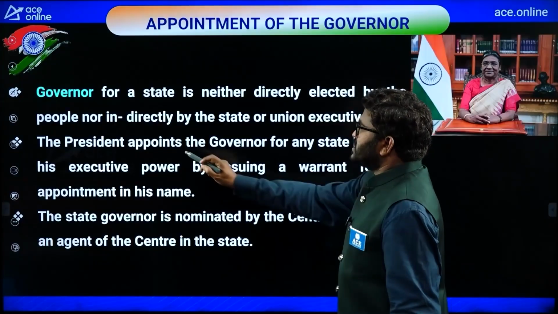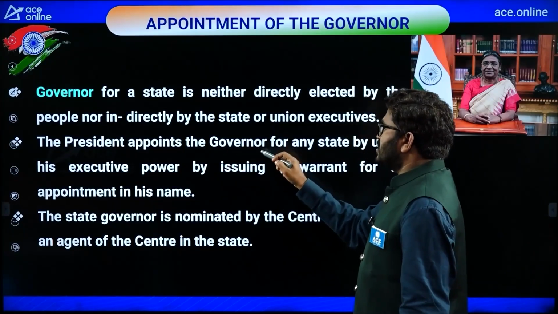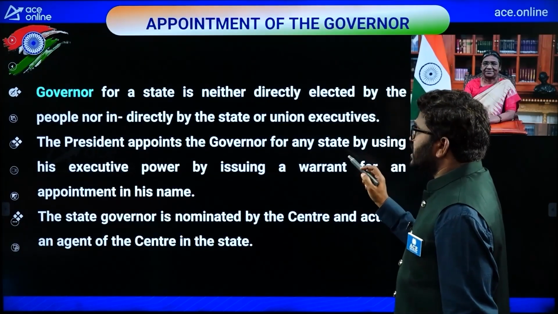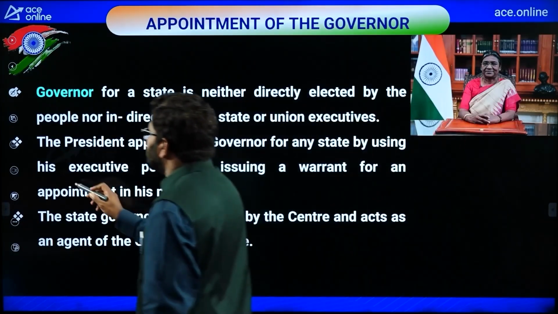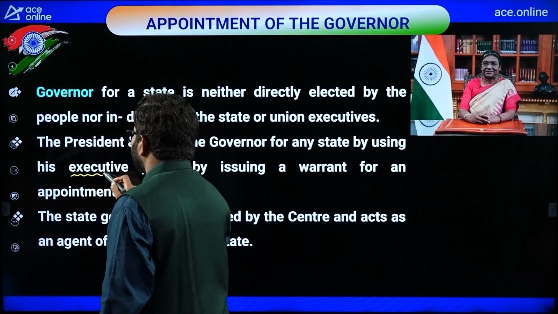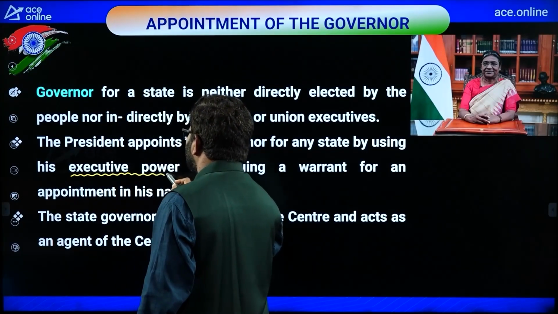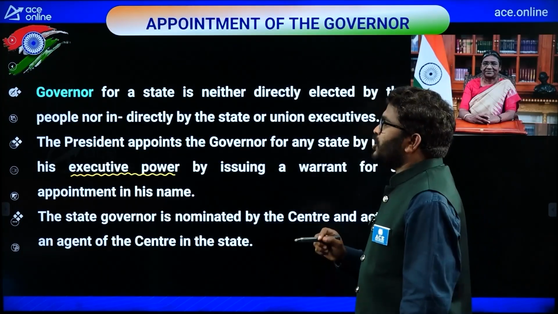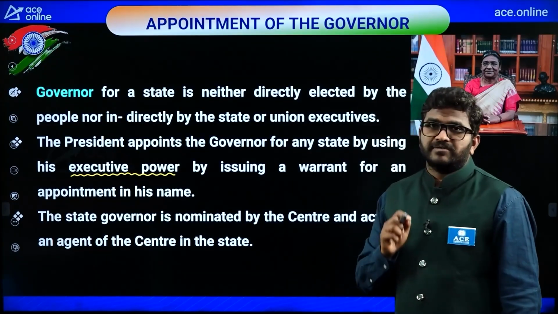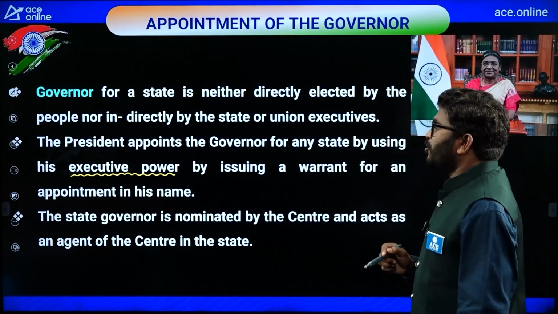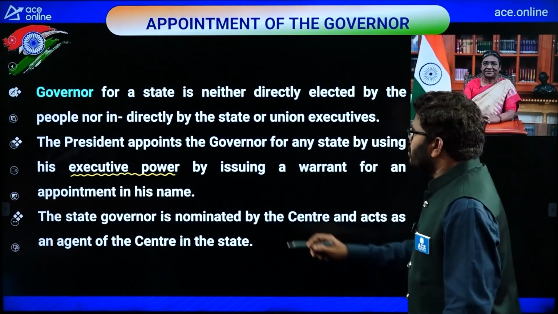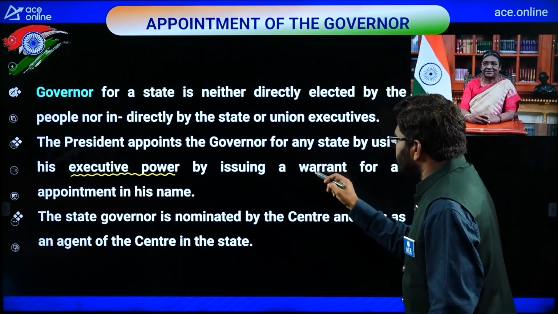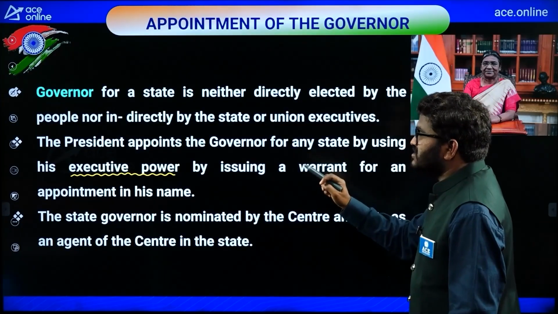The president appoints the governor for any state by using his executive powers. So remember, one executive power of the president is the appointment of a governor for a state. For a state, he will appoint one governor by issuing a warrant of appointment in his name.